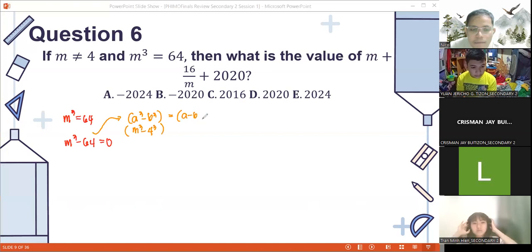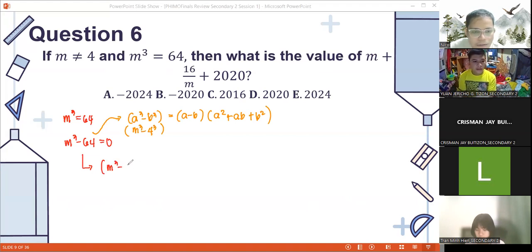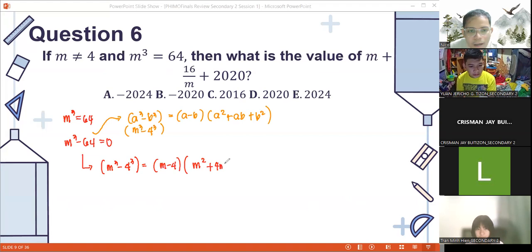It's a minus b, times a squared plus ab plus b squared, right? So following that, we have m minus 4, then m squared plus 4m plus 16 is equal to 0, right?